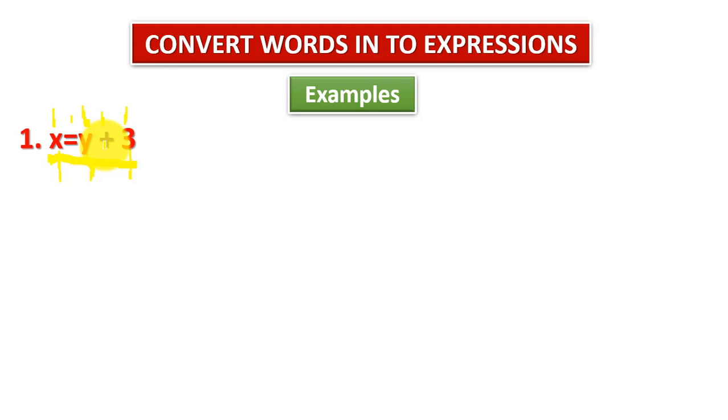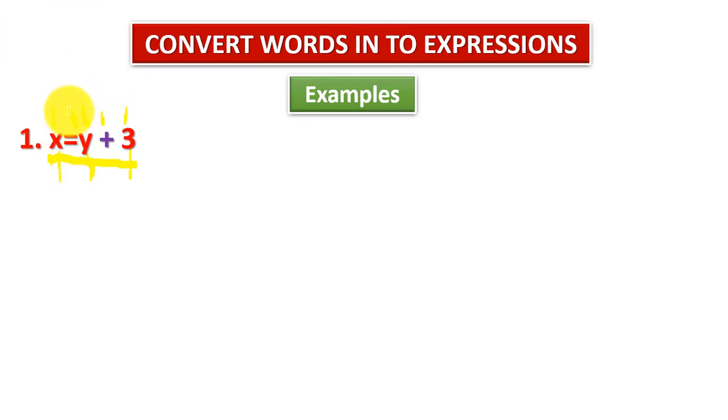We are representing each and every category in words. How are we representing? When you are converting an expression or equation into words, first you should find the left side of the equal to and the right side.